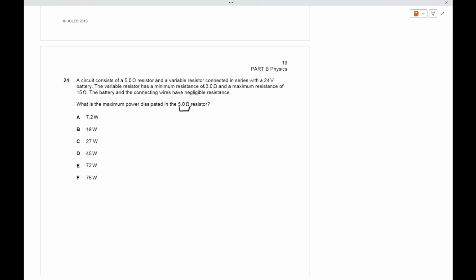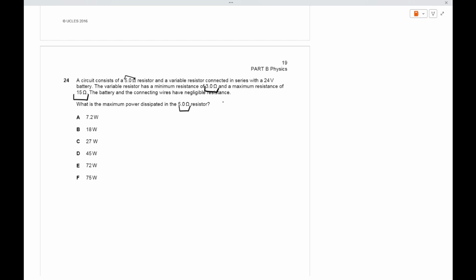So we're going to use the 3 ohm setting. If, for example, it asked for the maximum power dissipated in the variable resistor, we would use 15 instead. But since it's about the 5 ohm resistor, we have to use the 3 ohm setting.